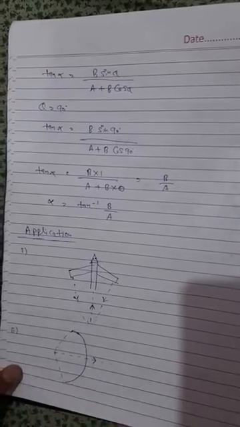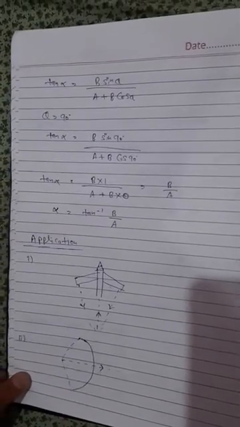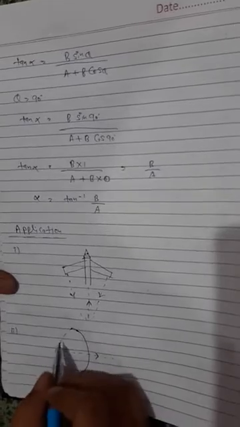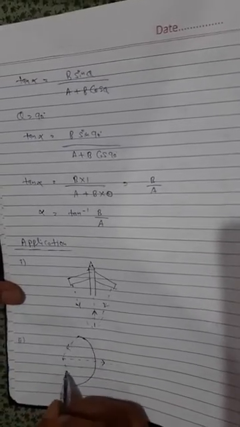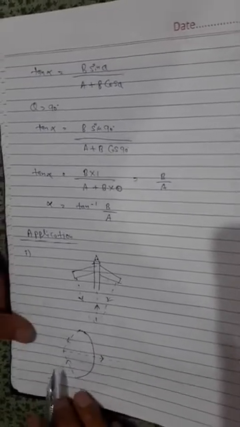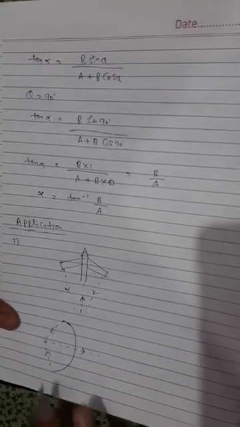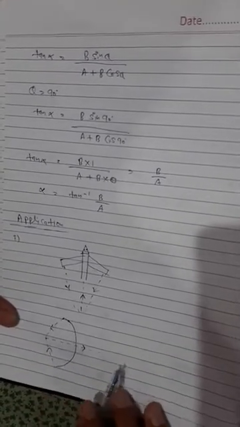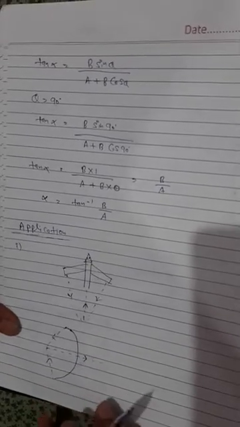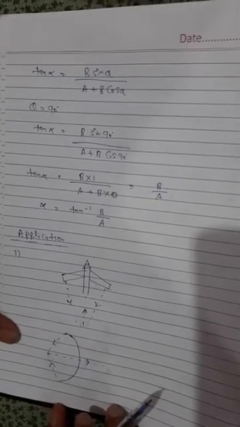When the person pulls the string, they get the final resultant by releasing the arrow in this direction. So these are the applications of resultant vectors.